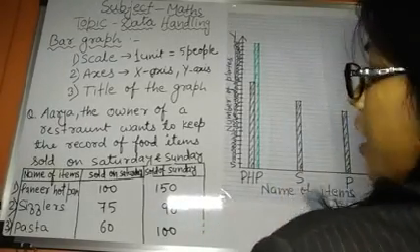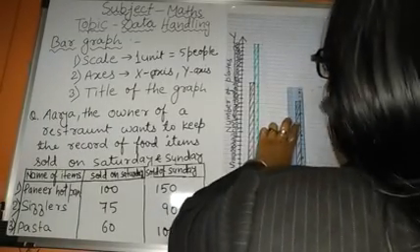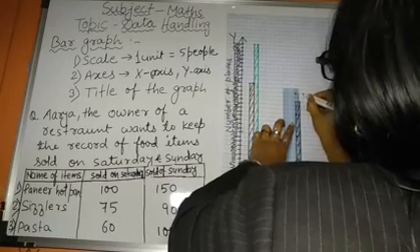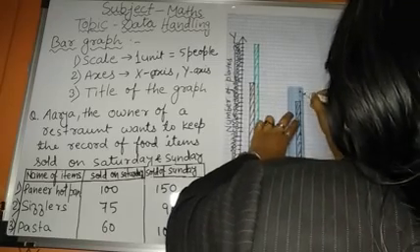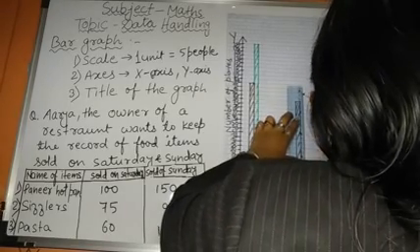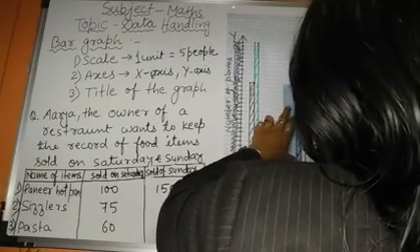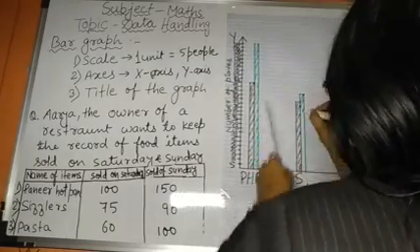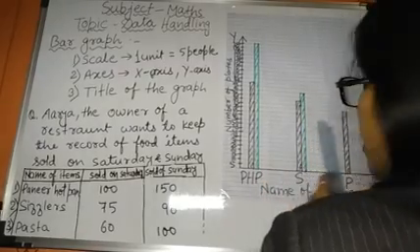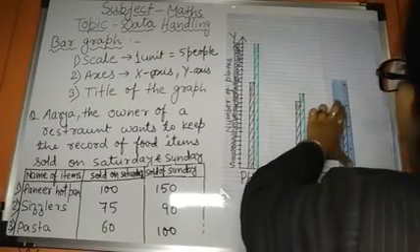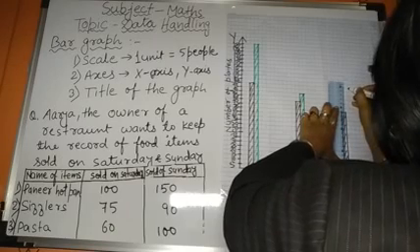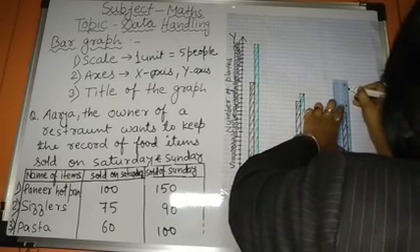Now on Sunday, Sizzlers was 90. So go to 90 and just draw the line. Fine. So this is for Sizzlers, and the next one, 100, is for pasta.